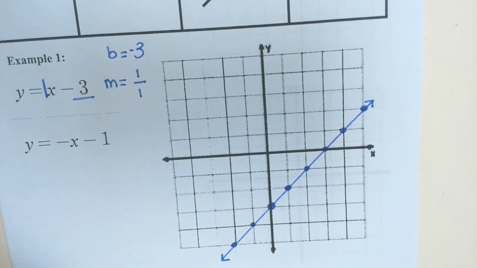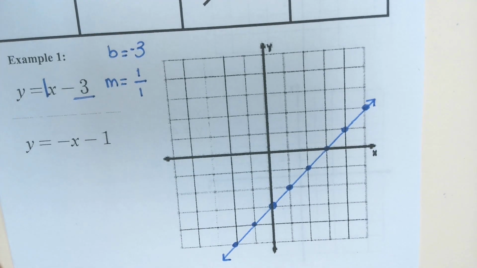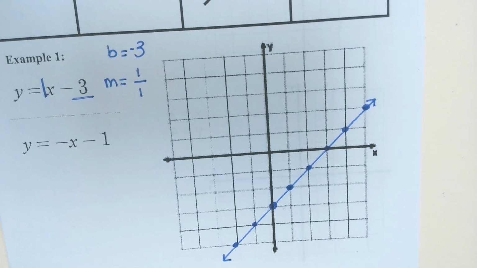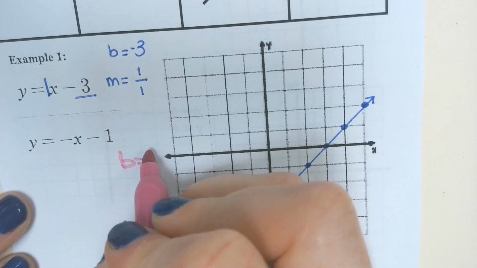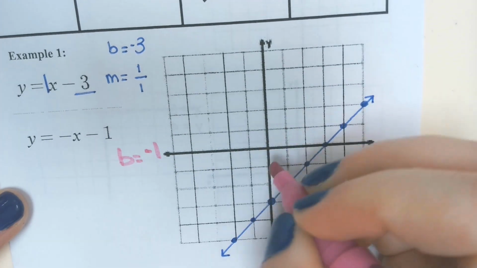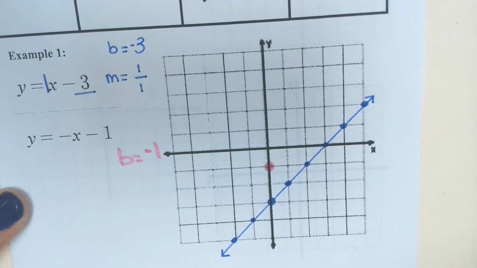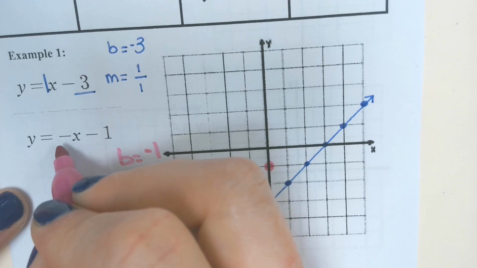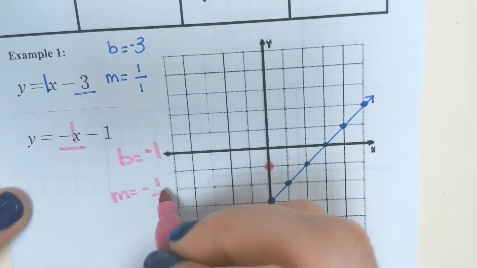Then the next line, I'm going to graph it in another color. We're going to start with our b. b is negative 1. So we're going to go down to negative 1. But then our slope is negative 1, negative 1 over 1.